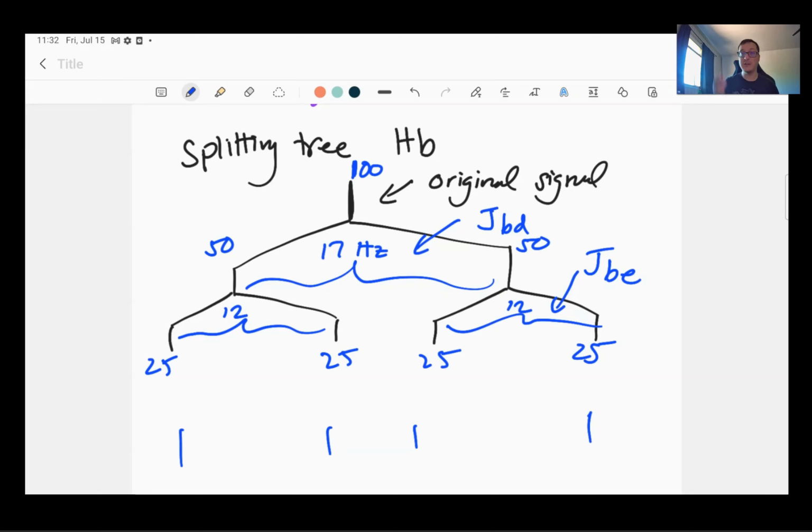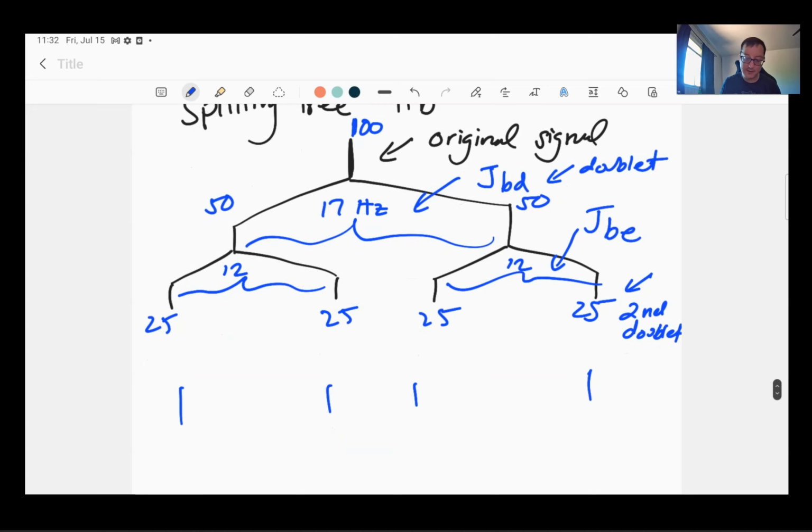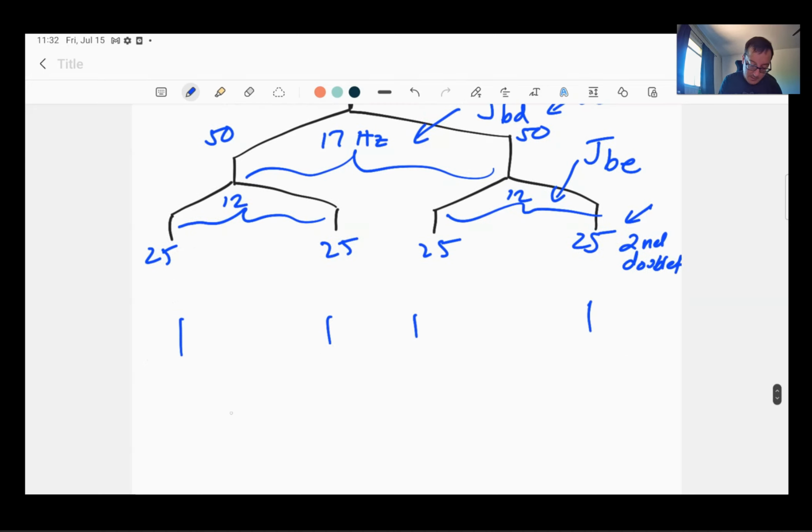Remember, quartets have different ratios, a 1-3-3-1 ratio, not 1-1-1-1. 1-1-1-1 is a doublet of doublets. And we say that this split it into a doublet, and this split it into a second doublet. And so that's how we end up with the doublet of doublets. And so for this, you would indicate the multiplicity as a doublet of doublets.